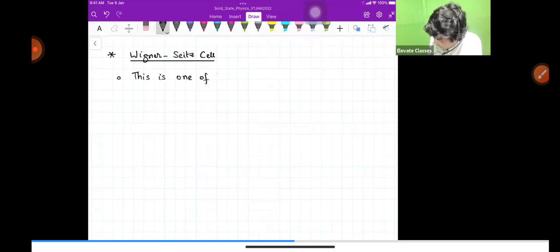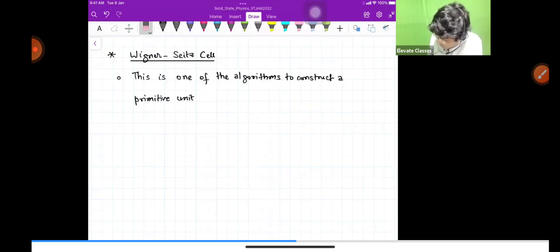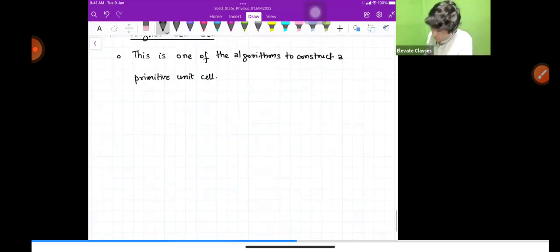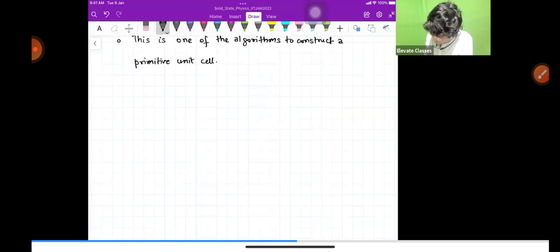Now let's see how to do it. I'll just draw the figure, then I'll note down the steps.